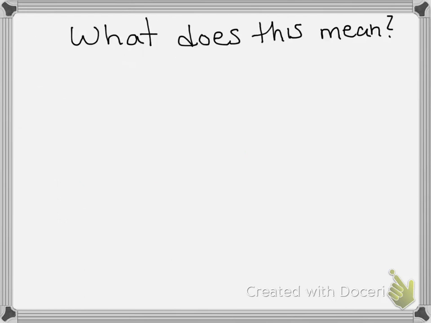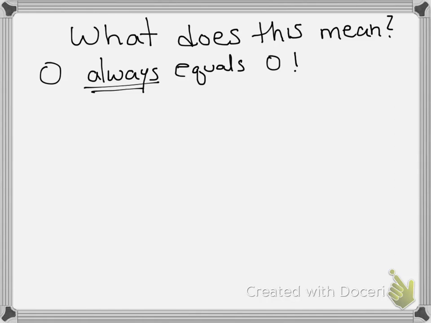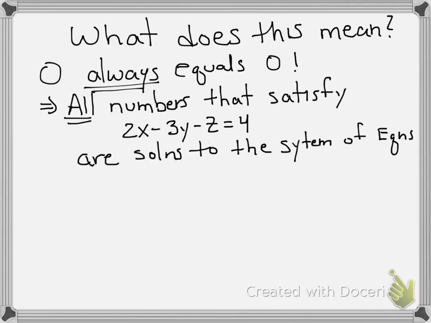But what does this mean? Of course, 0 always equals 0. But that's the point: 0 always equals 0. So that tells us that any combination of x, y, and z that satisfies this equation, or similarly equation 2, because they're the same, is a solution to this system of equations.